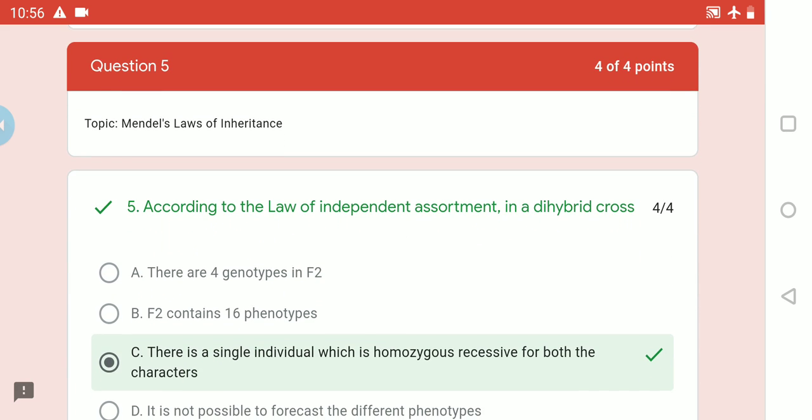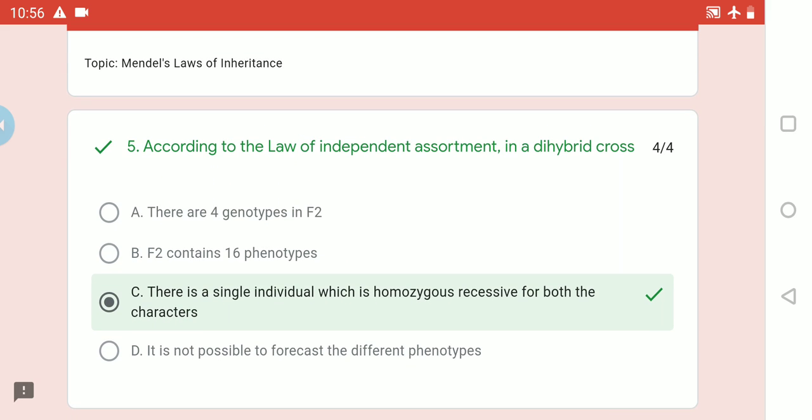Mendel's laws of inheritance. So let us study the law of independent assortment in a dihybrid cross. While we were discussing the inheritance of two genes, it can also be asked in the form of the law of independent assortment or dihybrid cross. According to the law of independent assortment in a dihybrid cross, there is a single individual which is homozygous recessive for both the characters.